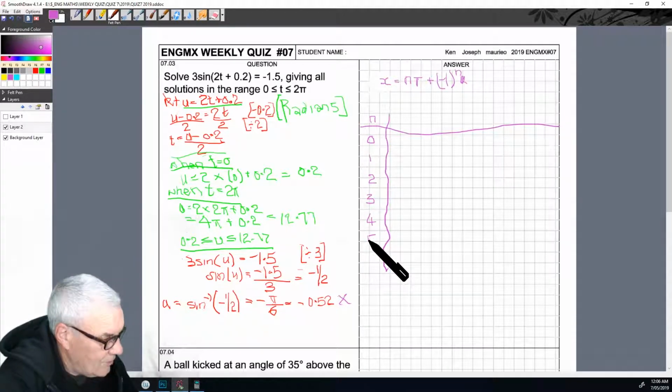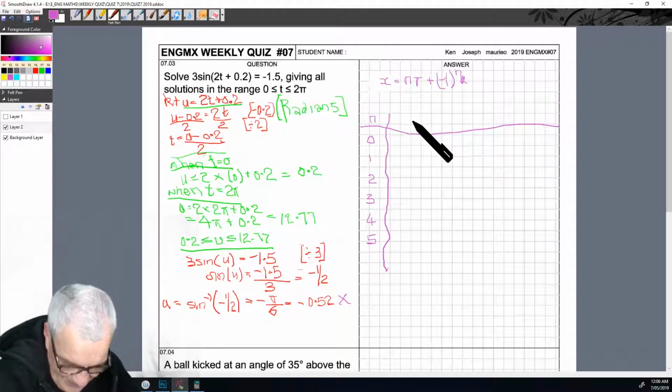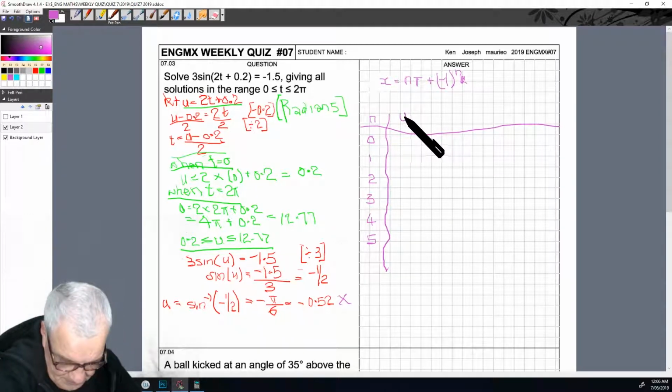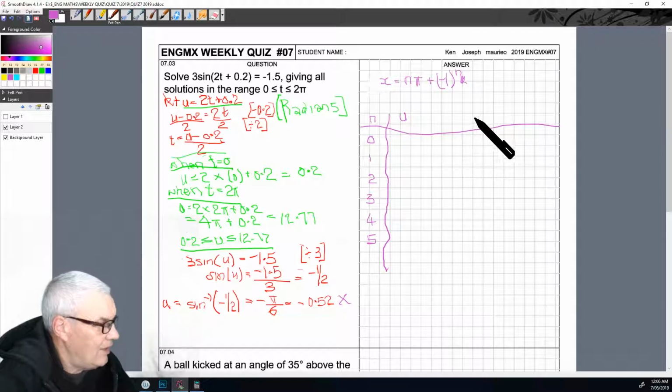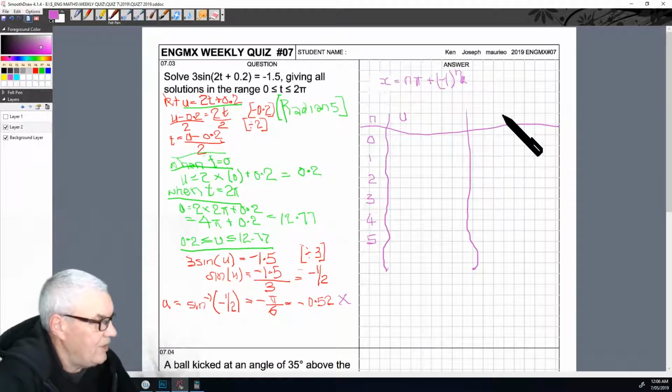Now I've prepared this at home, so now in here we've got u, so this will be what u is. And remember, this is n pi here, and then over here will be x. Well, in this case, t.